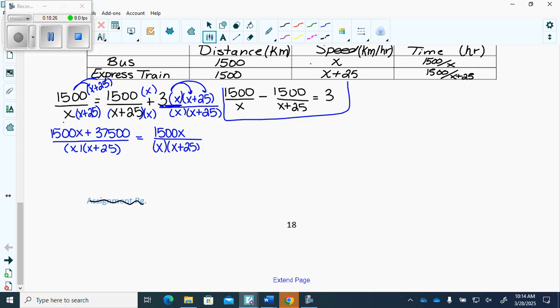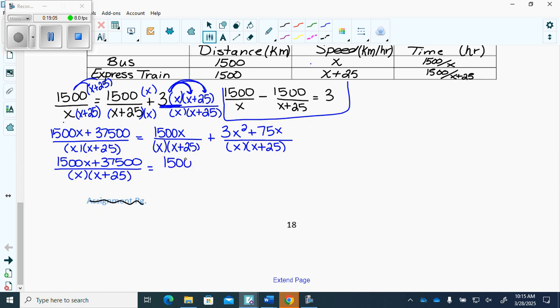So I go 3 times x, which gives me 3x, and then 3x times x is 3x squared, and then 3x times 25 is positive 75x over x plus 25. So then here we get 1,500x plus 37,500 all over x plus 25 equals 1,500x plus 3x squared plus 75x.